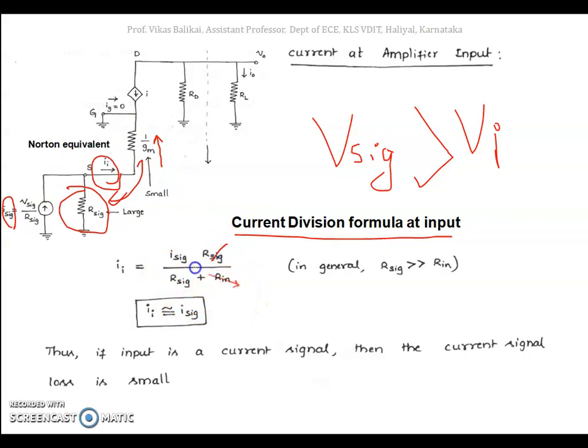Then R sig cancels out, and what remains is that the input current Ii is approximately equal to I sig, the signal current that you give at the amplifier circuit's input. So this is one interpretation that we can draw from this structure.